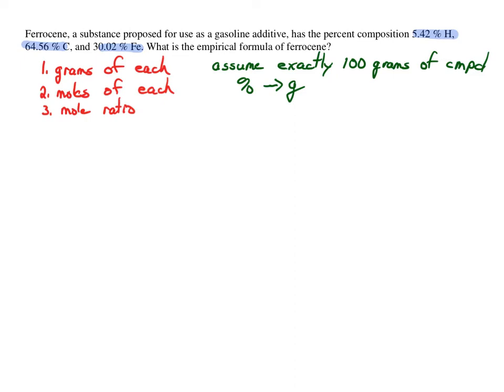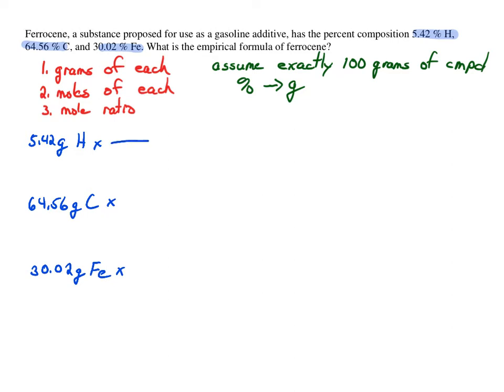This means that we have 5.42 grams of hydrogen, 64.56 grams of carbon, and 30.02 grams of iron. So we're going to multiply each by a conversion factor that converts grams to moles.